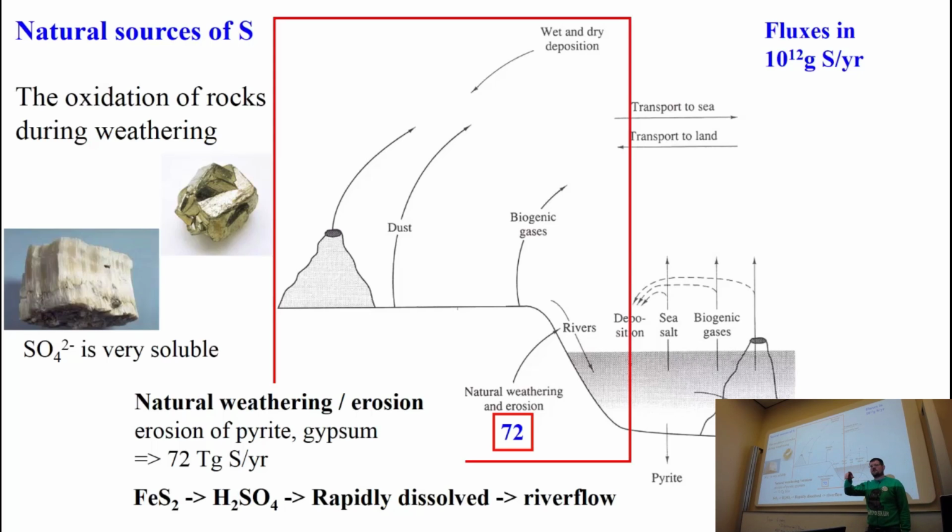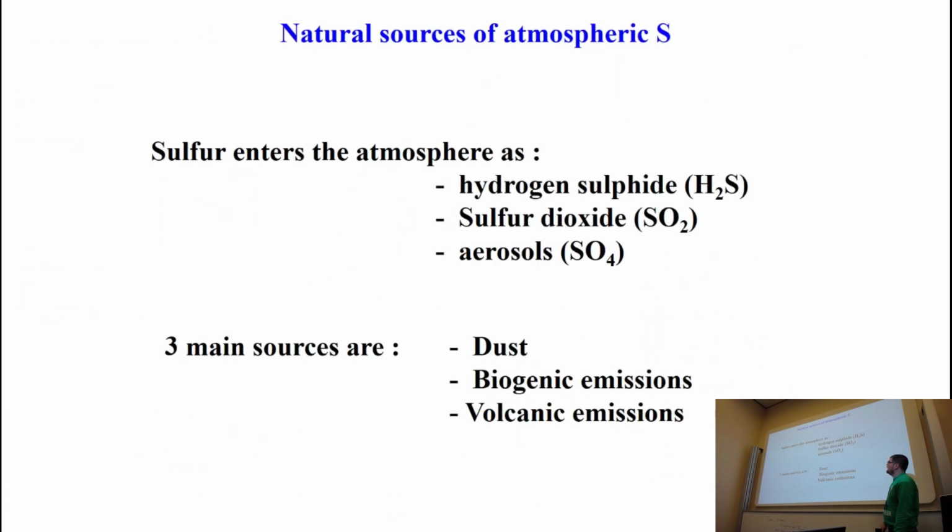If you look right to the end of your little pack of paper, I've put a table of what these teragrams or gigatons actually refer to in terms of actual amounts of stuff, which might be helpful to you. Okay, so that's the main sources from the lithosphere.